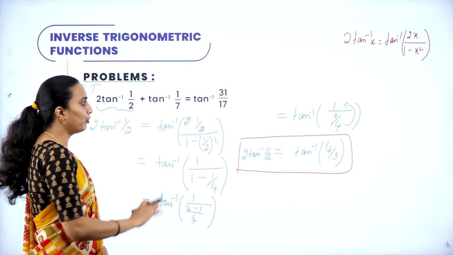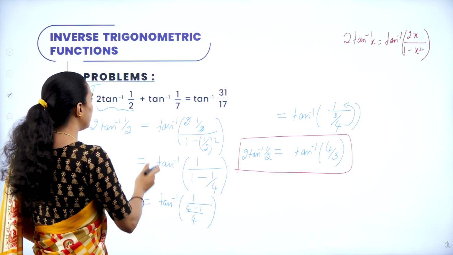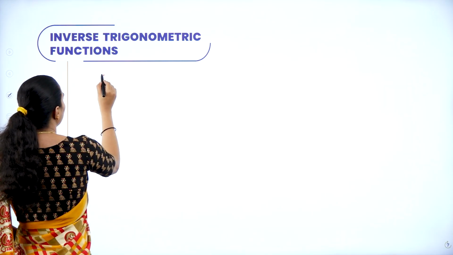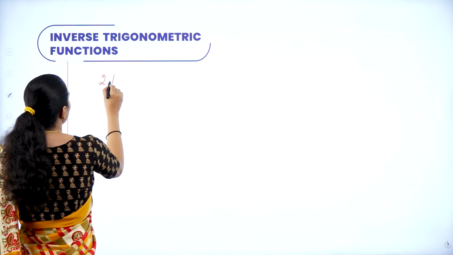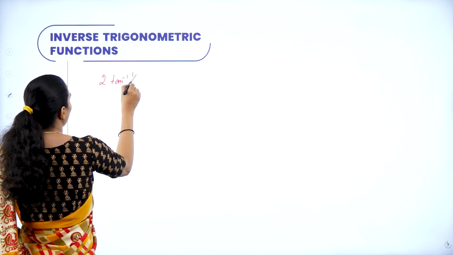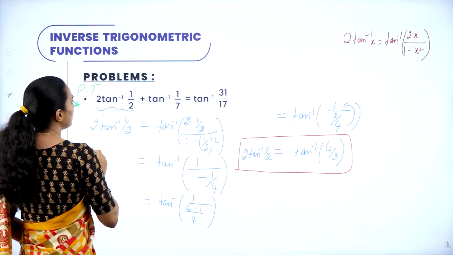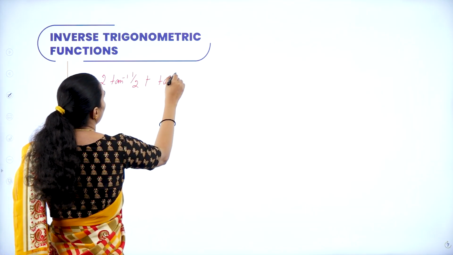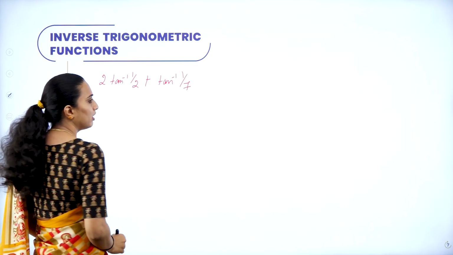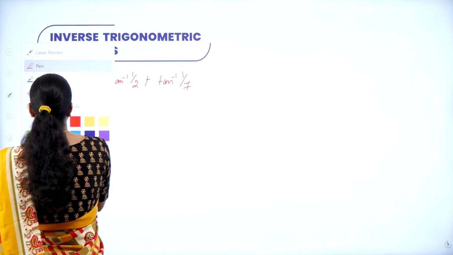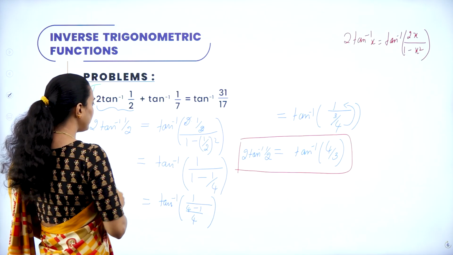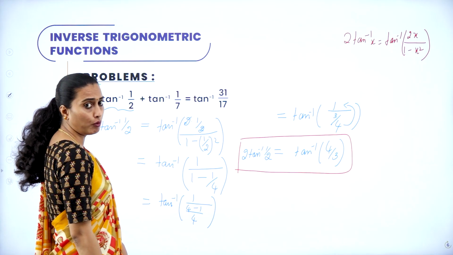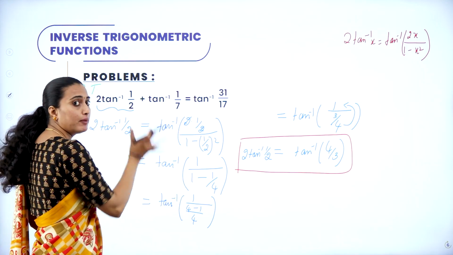Are you getting? So I am going to follow next, which will be what? See, 2 tan inverse 1 by 2, I am going to write it here. I'm going to write the formula. The problem: 2 tan inverse 1 by 2 plus tan inverse 1 by 7. Correct? So what I have substituted, I can have the substitution here. You are going to have it as 2 tan inverse 1 by 2 can be written as tan inverse 4 by 3. But this step must be followed there.